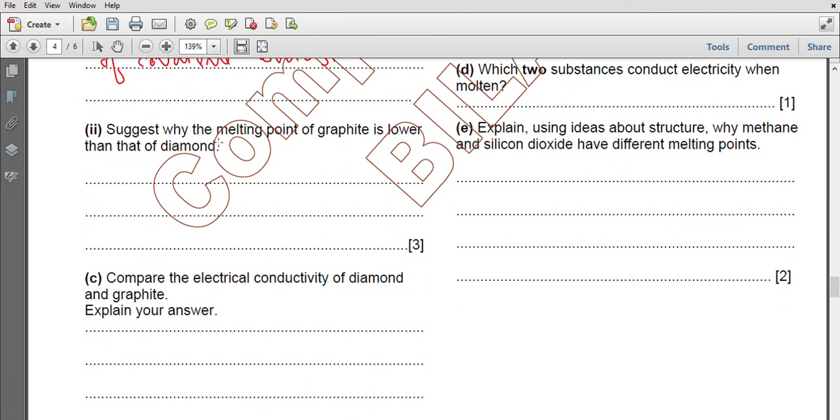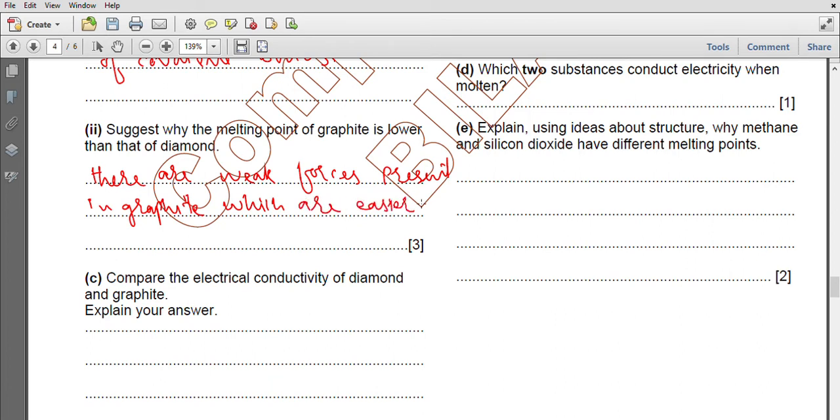Then he says, suggest why the melting point of graphite is lower than diamond. So we can say there are weak forces present in graphite which are easier to break as compared to diamond.